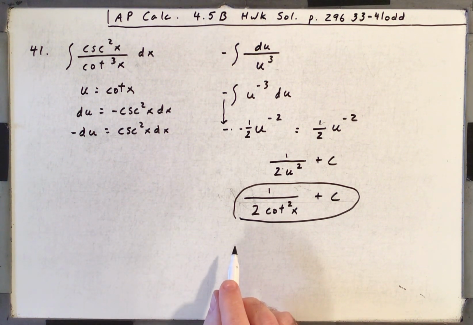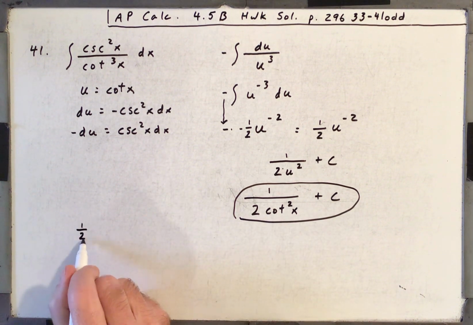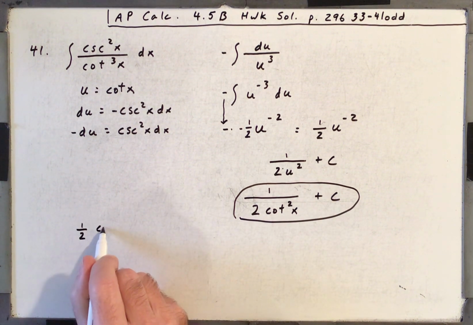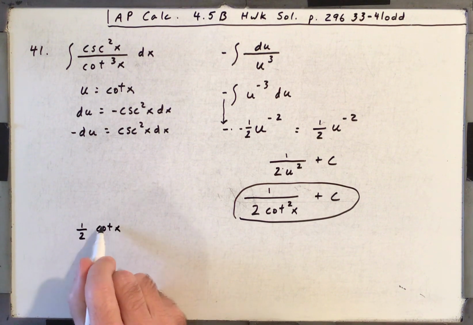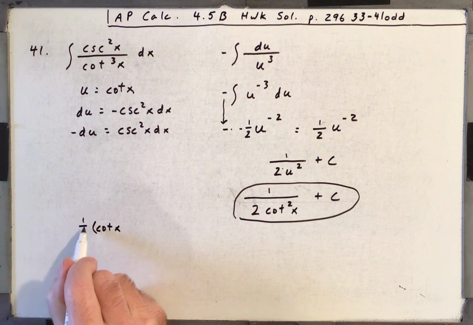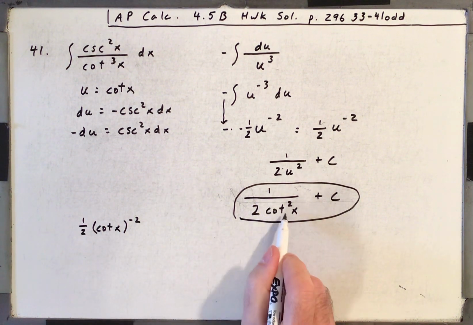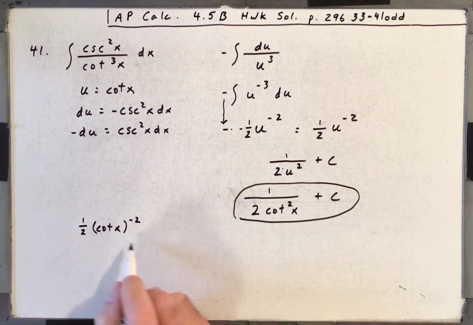All right, we could check that by rewriting that as 1/2 cotangent x to the minus 2. Let's do it like this. It's the same thing if we move the cotangent up and take the derivative of that.